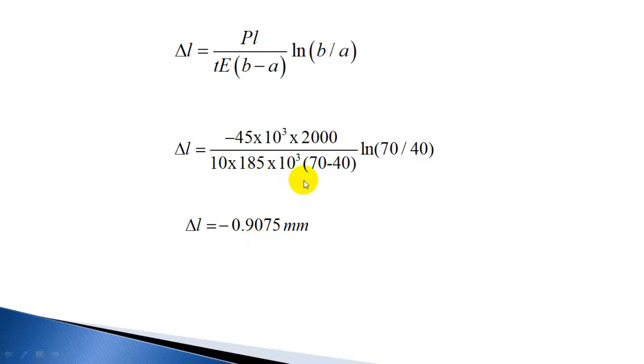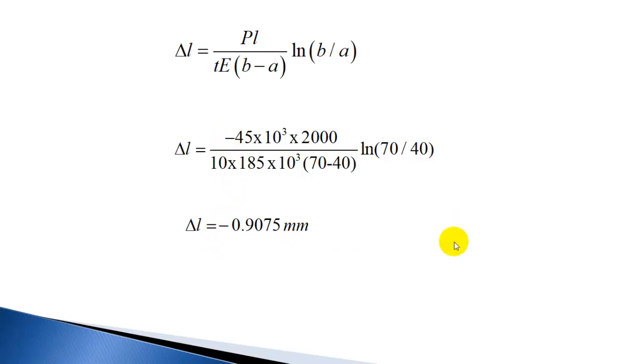For a step bar with a number of sections, you need to consider compressive as negative and tensile as positive, so that you get the total change in length by just adding all the changes in length in the various sections. In this case the sign convention is not mandatory, it is only up to you to use it.